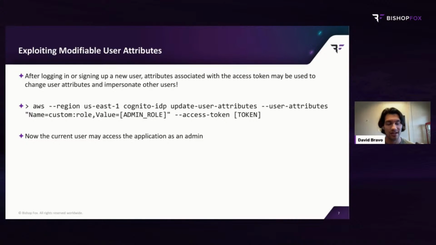Then I authenticate again, I log in, and now if the application is viewing these user attributes and assigning a particular set of permissions, or maybe using that role to grant authorization to access other information, I may be able to perform something like a privilege escalation due to this configuration. Again, all in the context of the application. But that would be exploiting one scenario with modifiable user attributes.